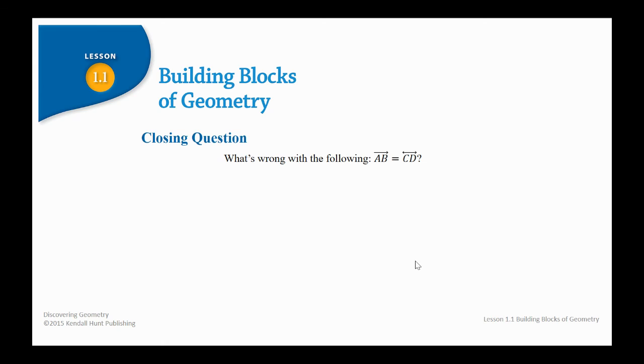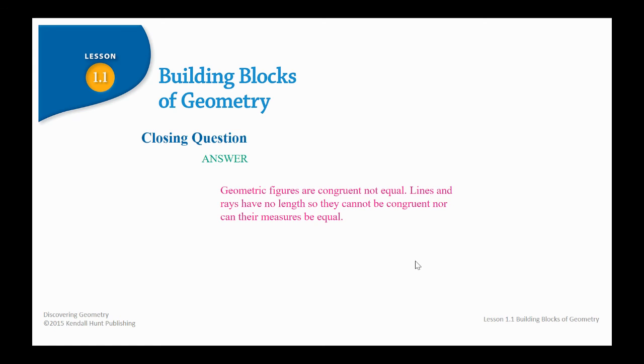And then the last thing I'm going to have you do here is what's wrong with that statement? I think in my book, there's 2 things wrong with it for sure. Okay, so 2 things wrong with this thing. Very first thing is geometric figures cannot be equal. 2 lines cannot be equal. 2 line segments cannot be equal.